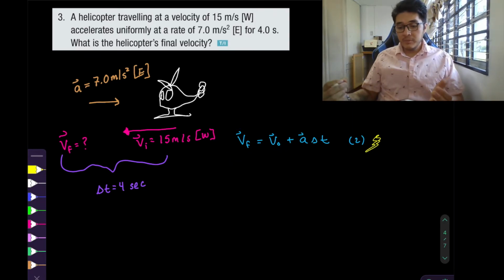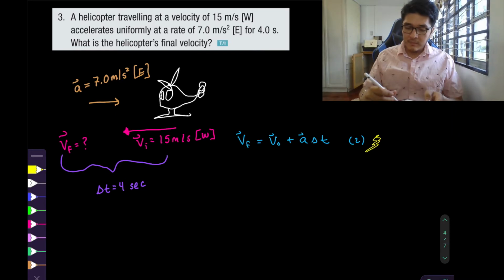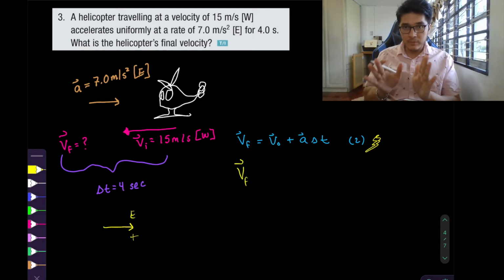All right, and because we're dealing with vector quantities, once again, make sure that you set your convention that east is positive. So when we put in the values, the final velocity, we don't know. And if you don't know that direction, just leave it as a vector quantity. So don't put a negative or positive.